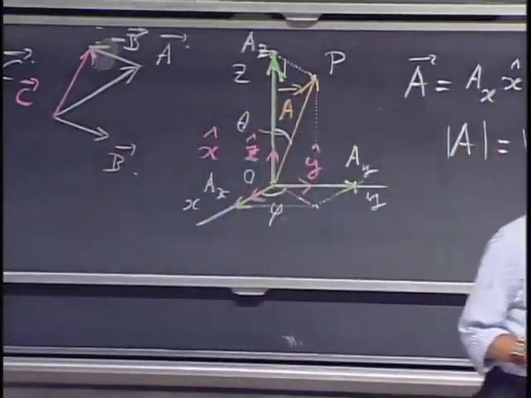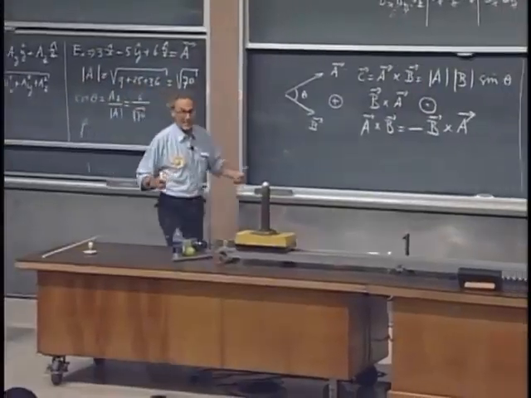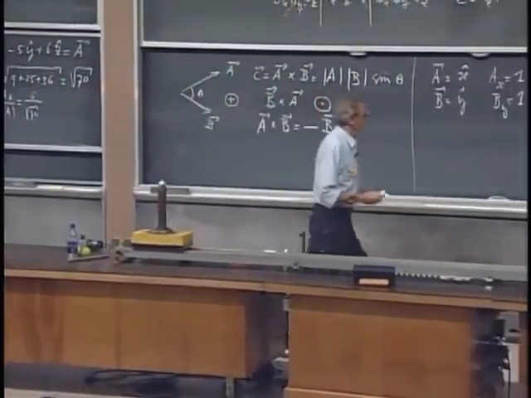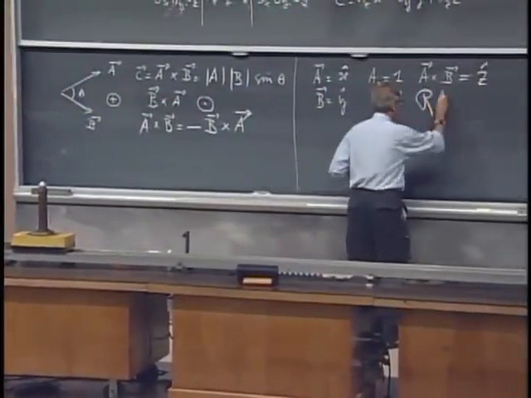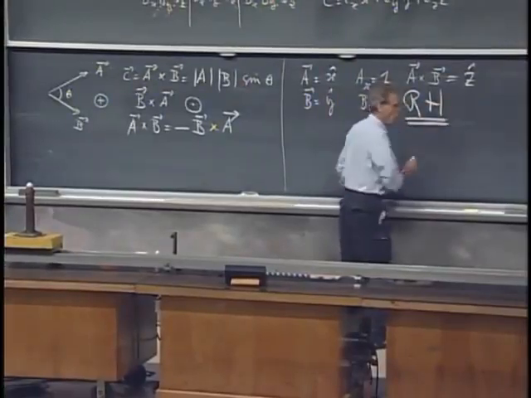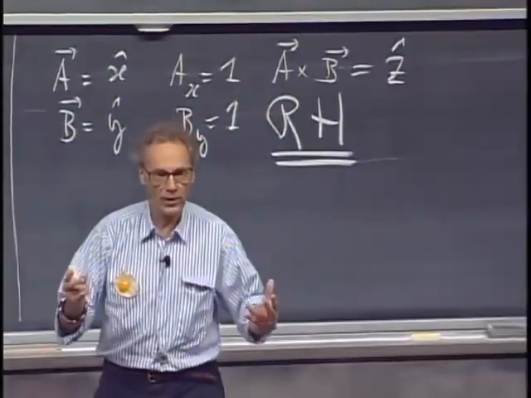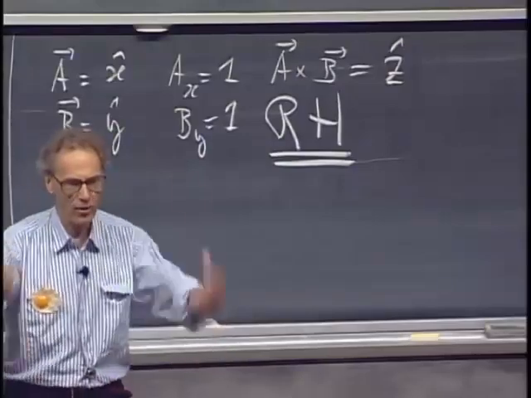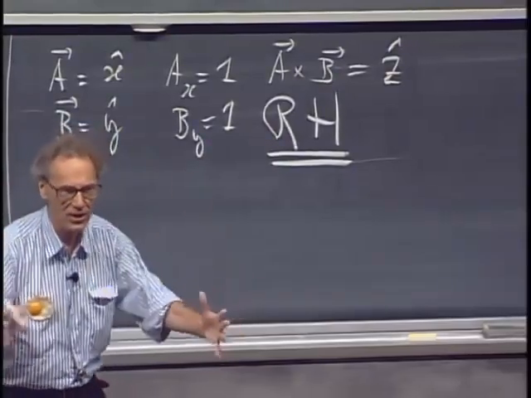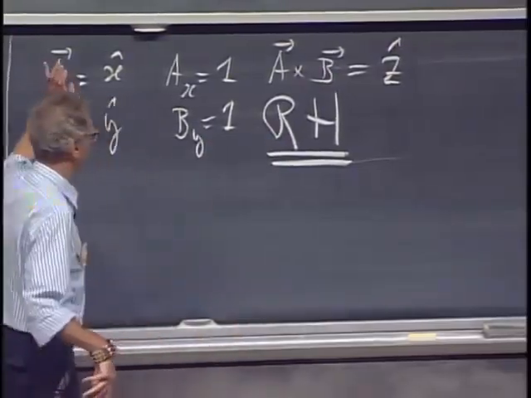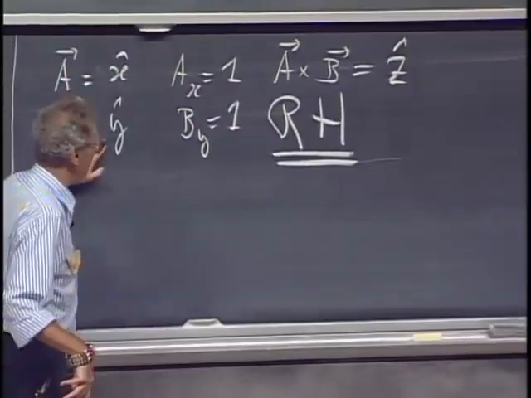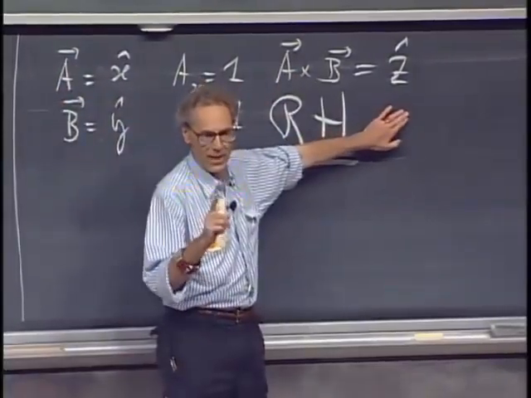Yeah, you're right. But if you ever do that, I will kill you. You will always have to work with what we call a right-handed coordinate system. And a right-handed coordinate system, by definition, is one whereby the cross product of x with y is z, and not minus z.